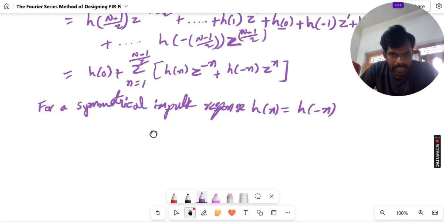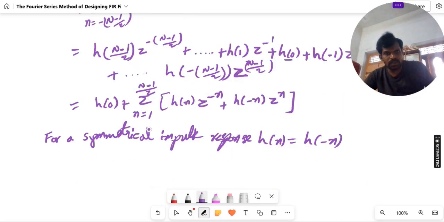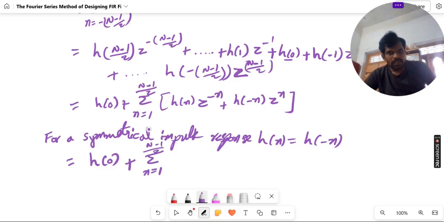Let us write down that according to the symmetrical impulse response. Considering the impulse response is symmetrical, the above expression can be modified as h of 0 plus summation n equal to 1 to N minus 1 by 2 of h of n into z to the power of minus n plus h of n into z to the power of plus n.